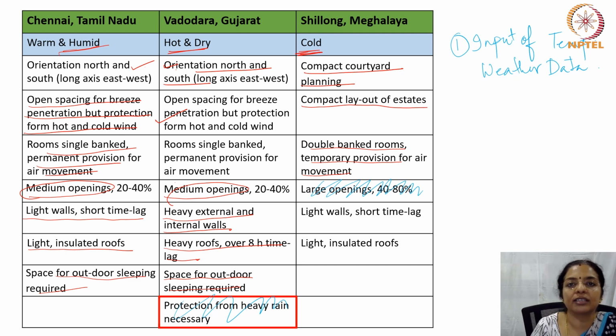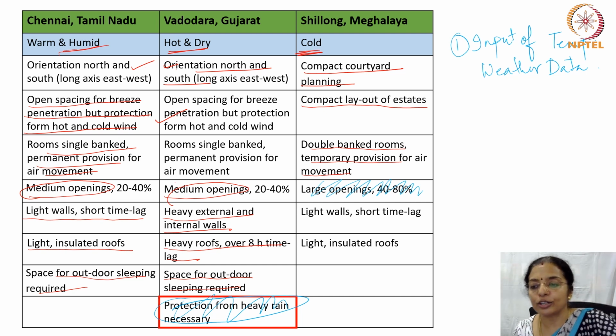Now, according to this table, it says protection from heavy rain is necessary for hot and dry climate. Now, hot and dry climate do not have much rainfall, but today we are seeing that there is very heavy rainfall even in desert areas. So for all you know, what this table says may be accurate, but actually logically it is not so.